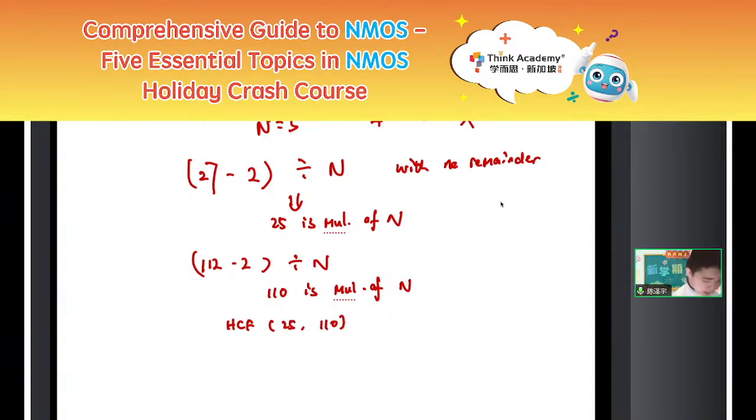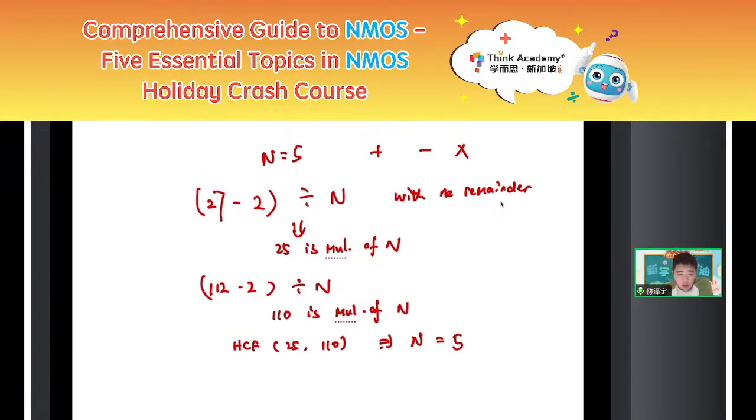And that's why n can only be 5. So this is the idea of same remainder problems: we generally have a common idea that is we get rid of the remainders.